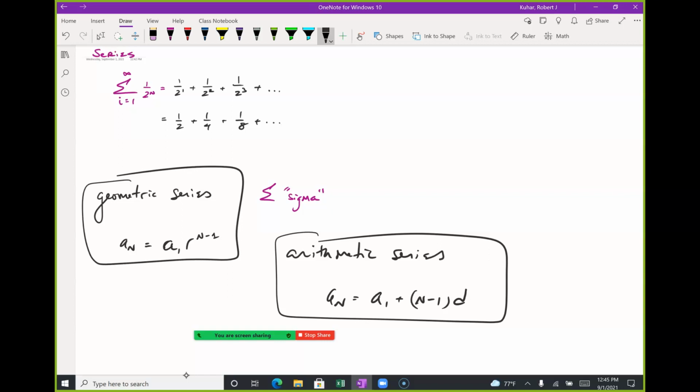A sub 1 is the first term in both. But what am I doing in the first series? What's the main operation I'm doing? Multiplying. And in arithmetic, we already saw that we were just adding the same thing, right? So r is a common ratio, and d is the common difference.